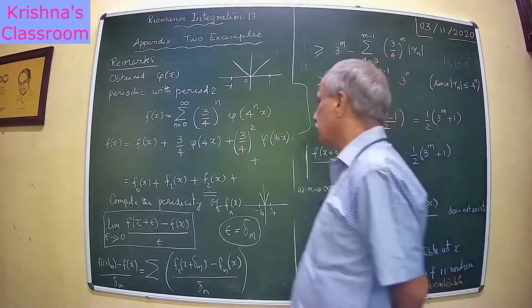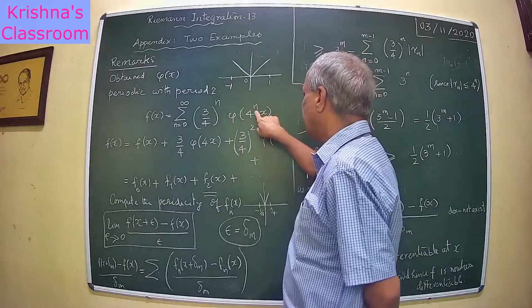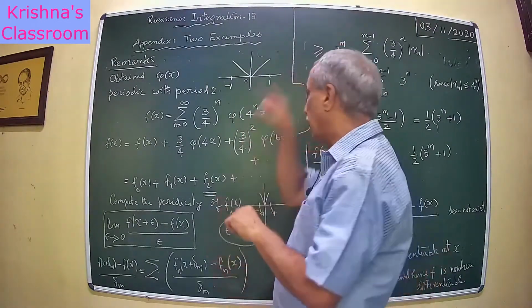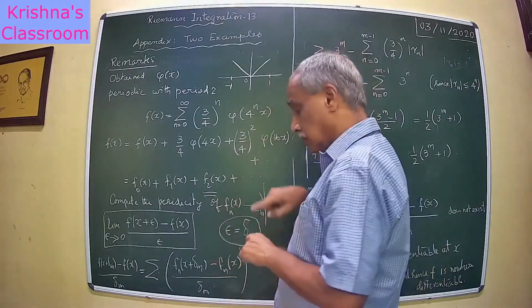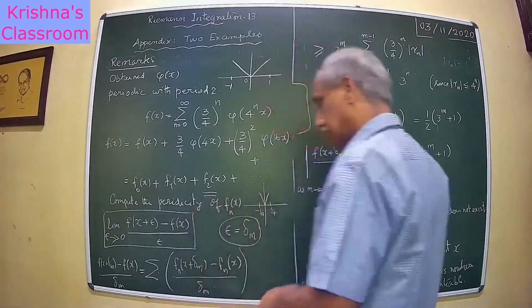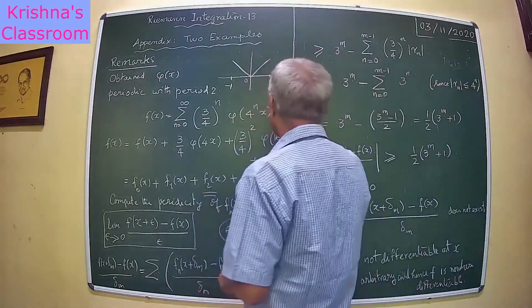Now if you look at what has happened here, what are these terms? As n increases, phi(4^n x) will start getting more and more points of non-differentiability. So the peaks will start appearing. It will be something like this.